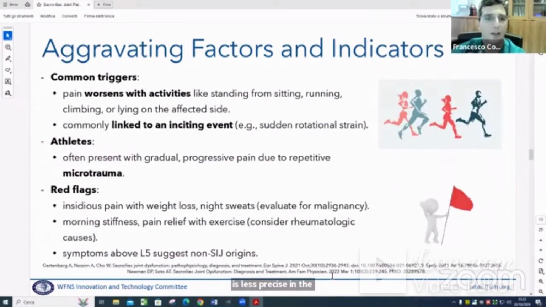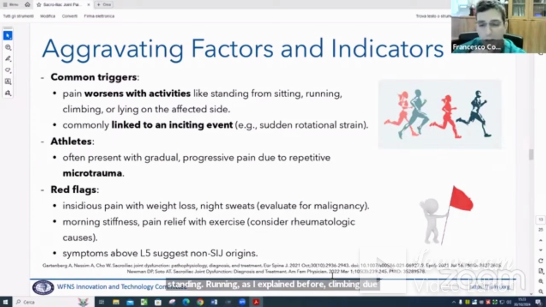Aggravating factors and indicators that must be considered: the pain is worsened with activities like standing, changing position between sitting and standing, running, as I explained before, and climbing, due to the axial compression of these joints.